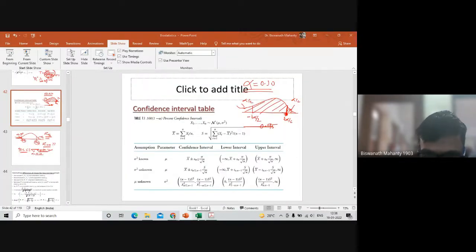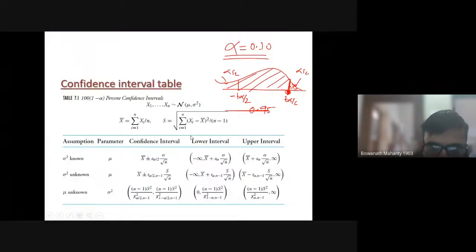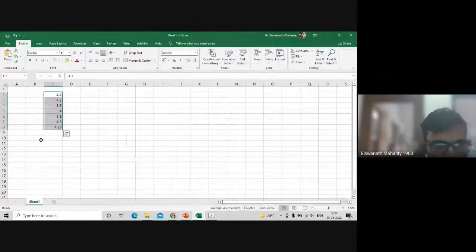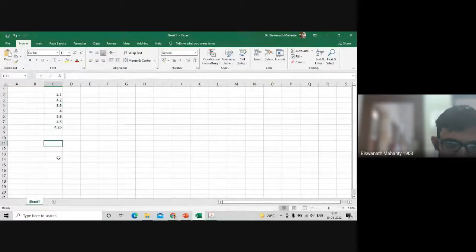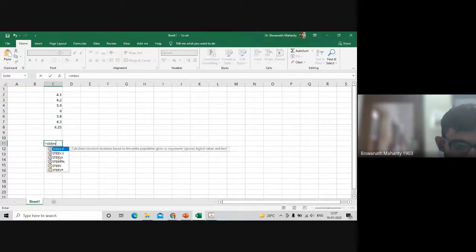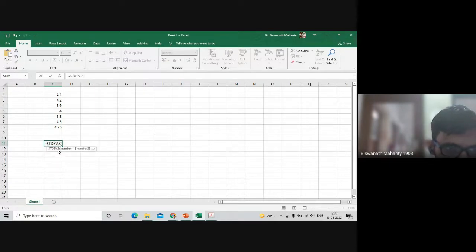And what I have to do for getting the limit, now it is very easy. How to calculate? This I know, S you know, and root n. So you calculate this. What is the standard deviation of this data set? For example, I'm calculating standard deviation of the sample. I got standard deviation, this is S. You can calculate the average manually and then the standard deviation.